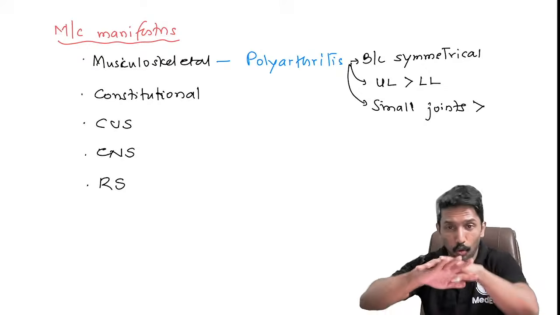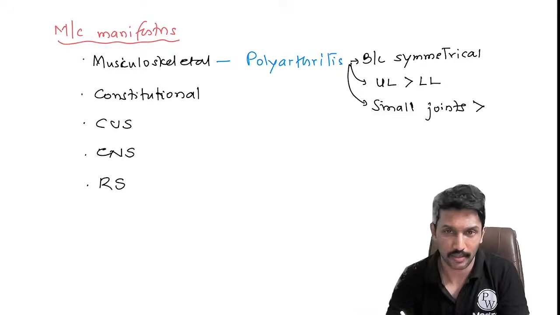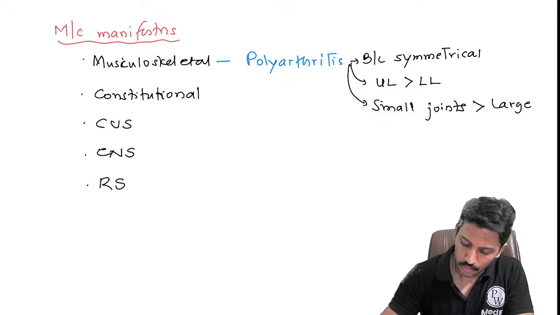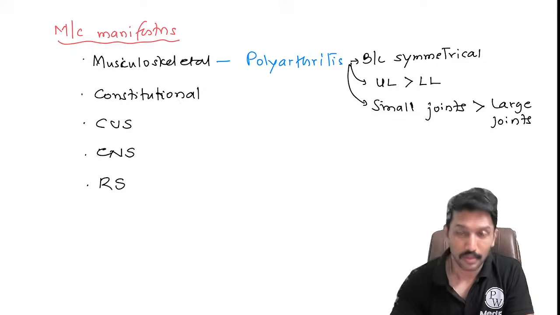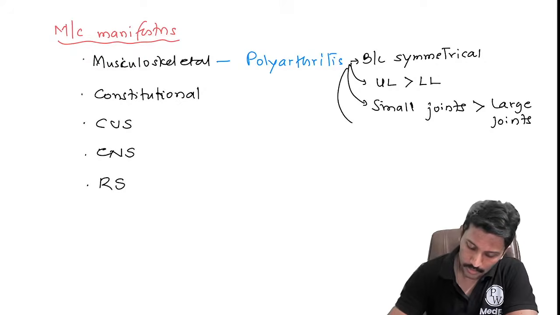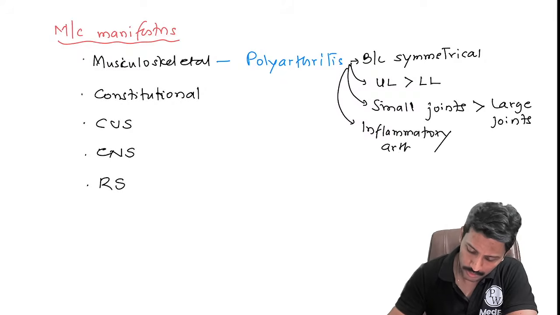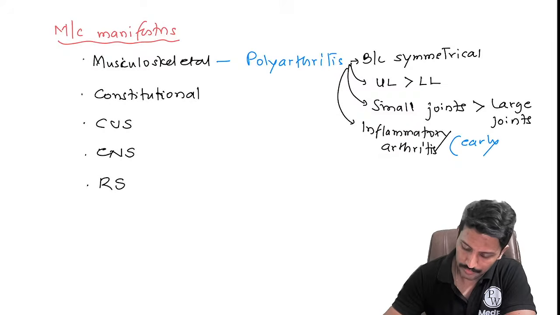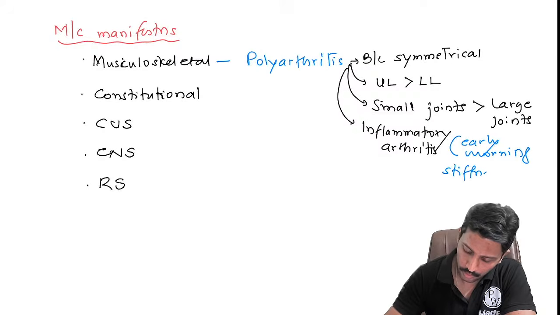Rheumatoid arthritis affects the small joints of your hand most commonly, sparing the distal interphalangeal joint. So it is similar here also. Then what is the difference? This is an inflammatory arthritis, not degenerative. So it will be associated with early morning stiffness lasting for more than 1 hour. Same as rheumatoid arthritis.